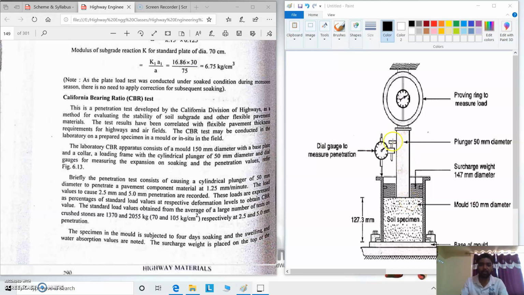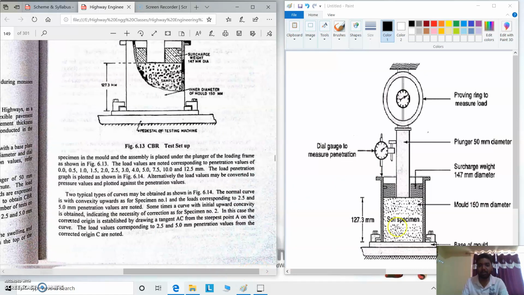So here the load is applied on the plunger, the plunger penetrates, and the penetration value is obtained for the particular load. This much is the arrangement you can observe here. Once the arrangement is done, the specimen in the mold assembly is placed for the test.